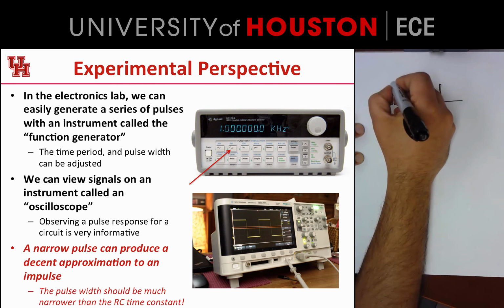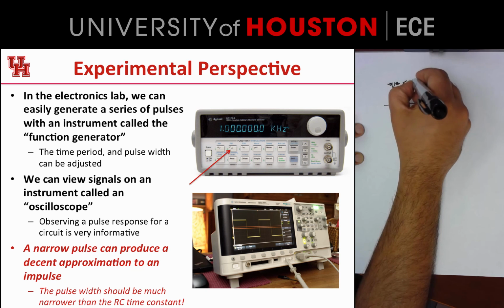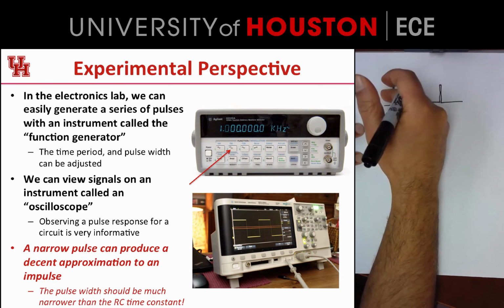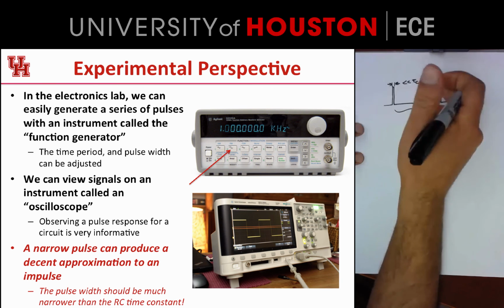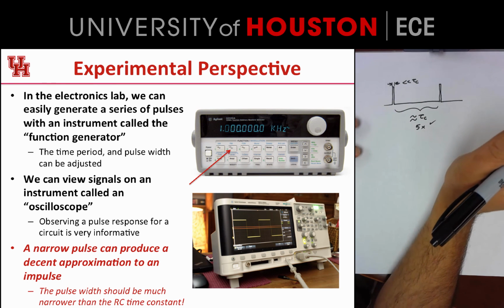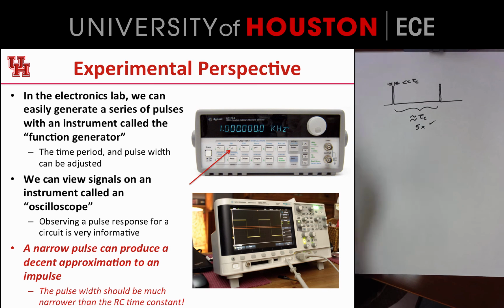And the width of this pulse should be much less than tau c. If it's 1/10, it's already a pretty decent approximation. If it's 100th, wow, it's golden. It's plenty good enough.